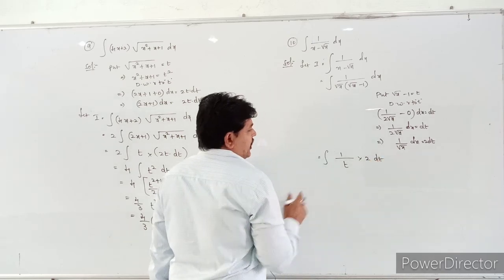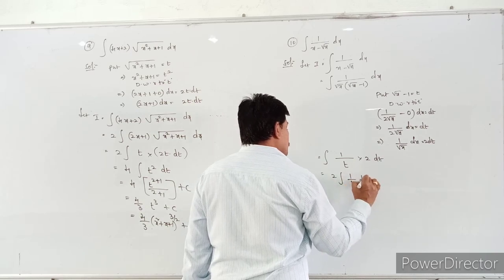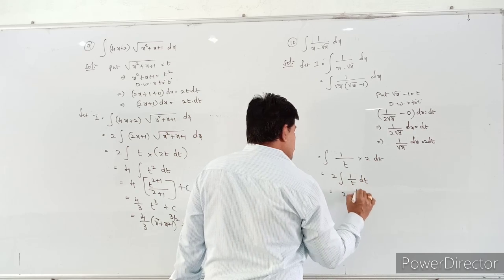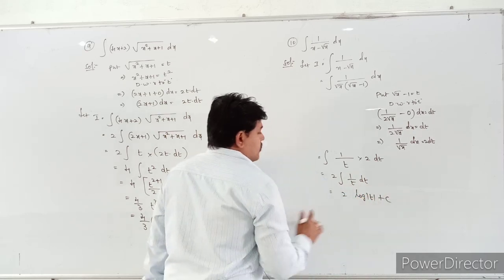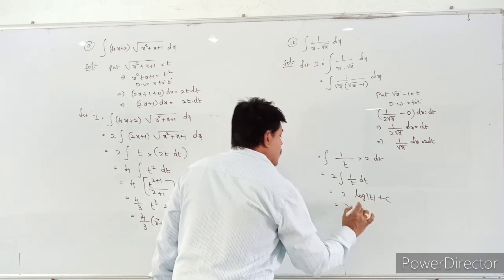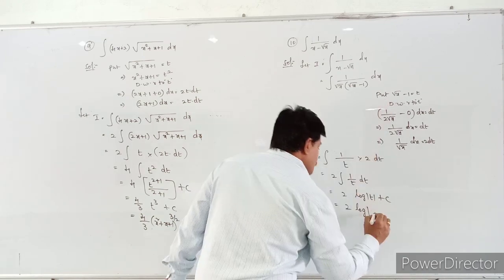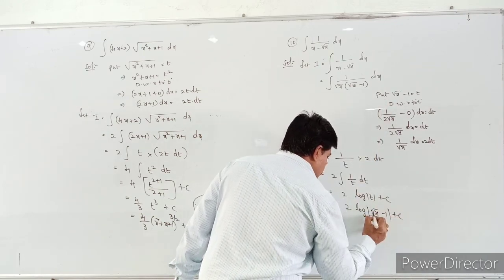That implies 2 into integral of 1 by t into dt, which is equal to 2 into log of mod t plus c. The t value is nothing but root x minus 1, so 2 log of mod root x minus 1 plus c.